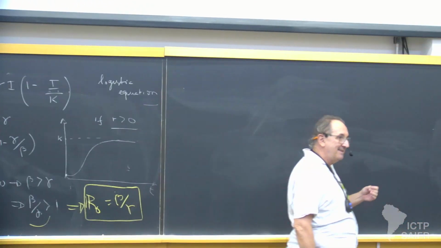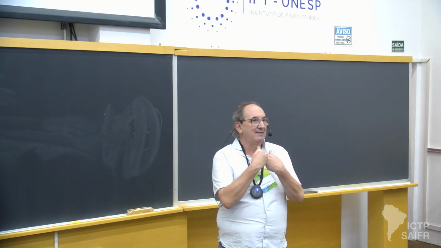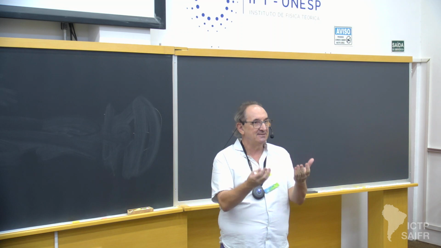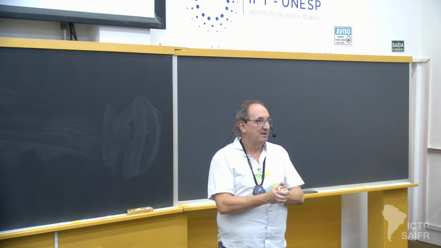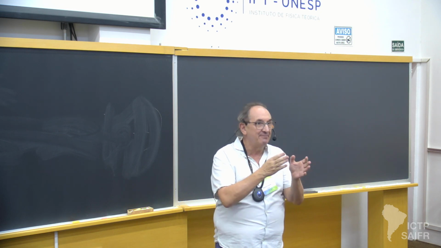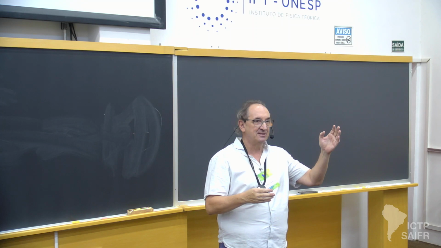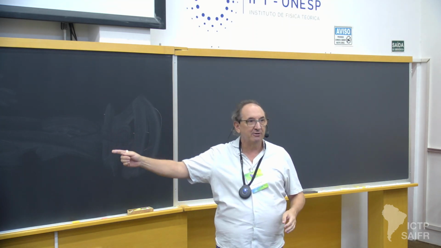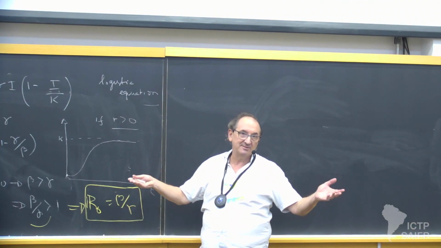The larger beta, the more infectious is the disease. A highly infectious disease has a larger value of beta, because beta is connected to the probability of infection. So larger beta, higher probability of infection, means also larger R0, and it's more likely that this is bigger than 1 for a highly infectious disease.